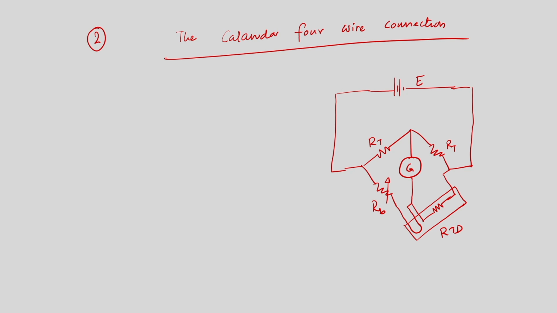We can see that we have 4 wires, from one end one and from the other end there are 3 wires. So in this method 4 wires come from the RTD, as shown in the schematic.